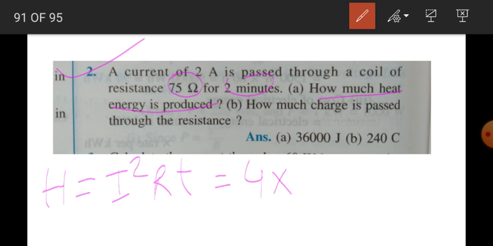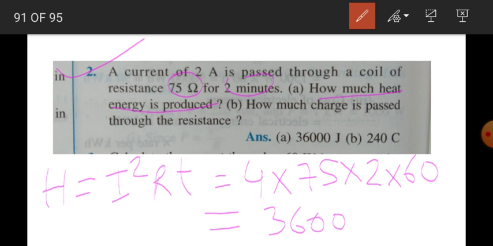R is given as 75 ohm and time is given as 2 minutes. 2 minutes means 2 into 60 seconds, right? Because 1 minute has 60 seconds. So if you multiply these numbers you will get 3600 joule of heat energy. So I square RT.